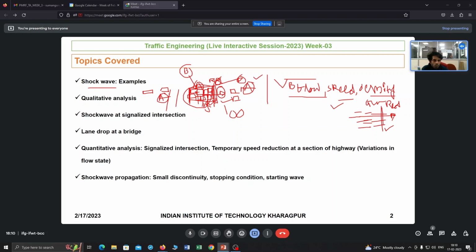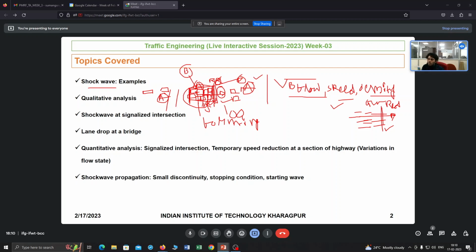So it is called backward moving. Now is it forming or is it recovering? As the shock wave propagates backwards, the congested region is forming, right? So we can say it's a backward forming shock wave. So now we found 2 shock waves. One is frontal stationary, another is backward forming.